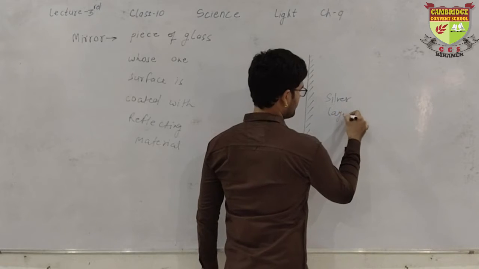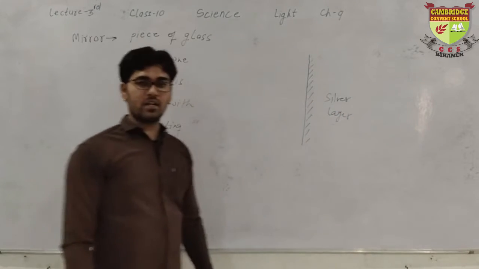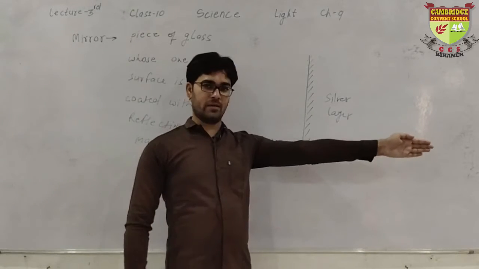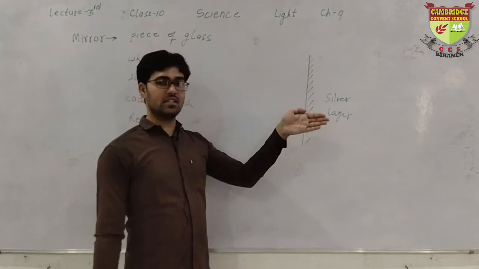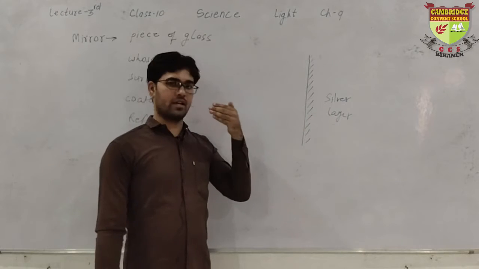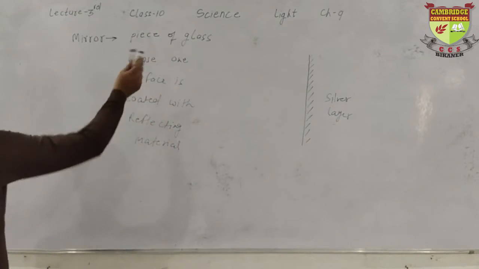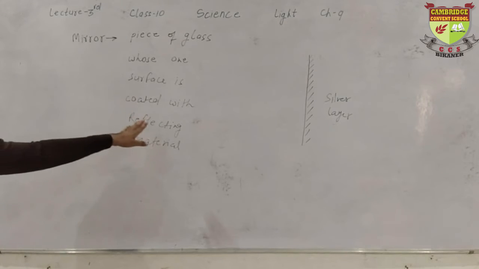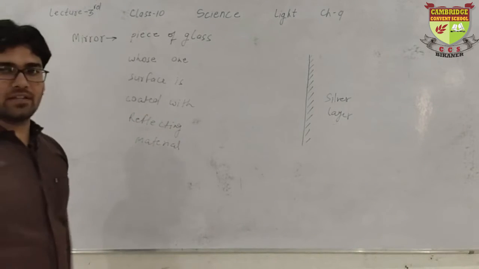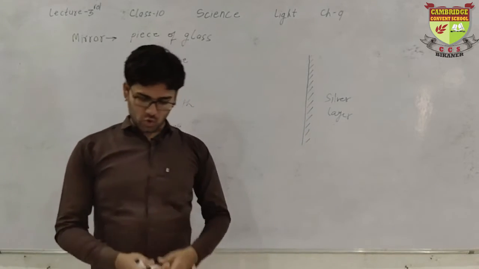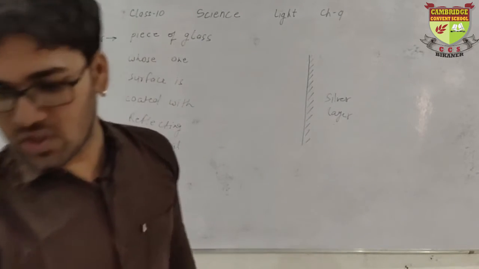What happens by that? That does not allow light to pass through. When the light strikes that, it will bounce back, and this is what happens in reflection, right? So a mirror is basically a piece of glass whose one surface is coated with a reflecting material. One of the reflecting materials is silver itself, right? So this was the basic definition of a mirror.